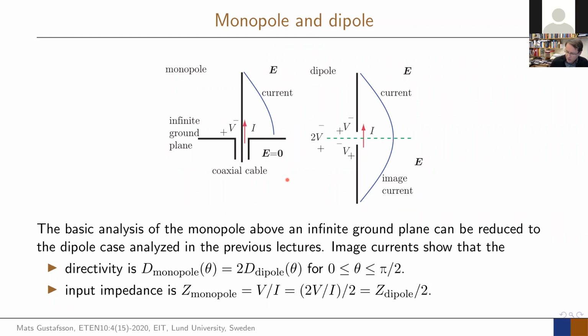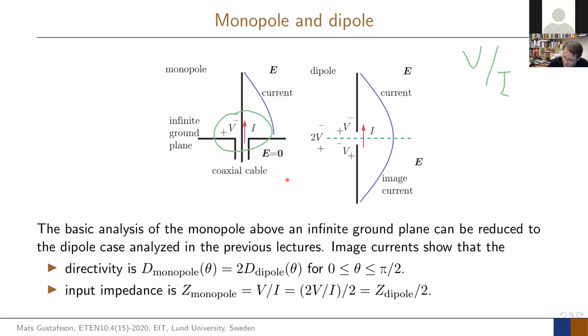If you do the same now and you look at the input impedance, what's happening in this case? The input impedance will be the voltage divided by the current. That is the impedance. And if you look at the monopole, you have the voltage from the ground plane to the conductor divided by the current.